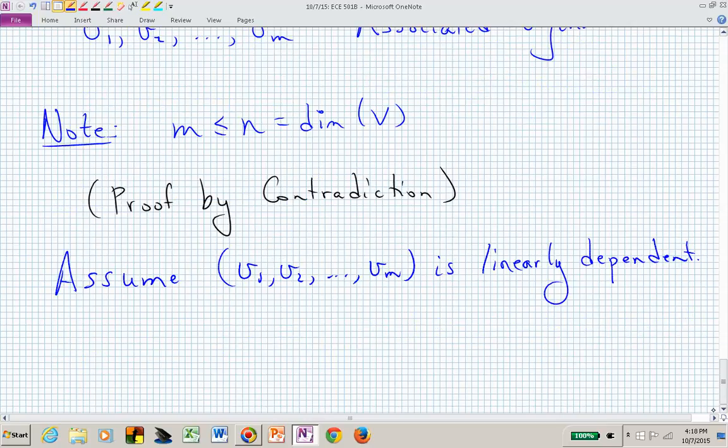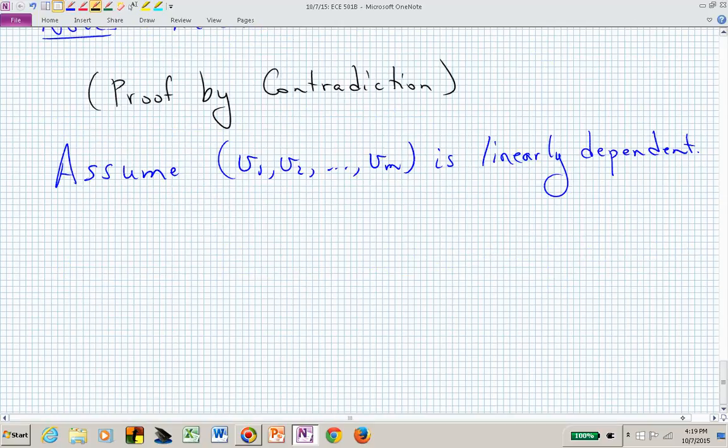What does it mean if we have vectors that are linearly dependent? What are some statements we could make if I tell you v1 through vm, that list of vectors, is linearly dependent? What's a statement that you could make? Okay, so one of those vectors could be represented as a linear combination of some of the others. Not all of them, but some of them.